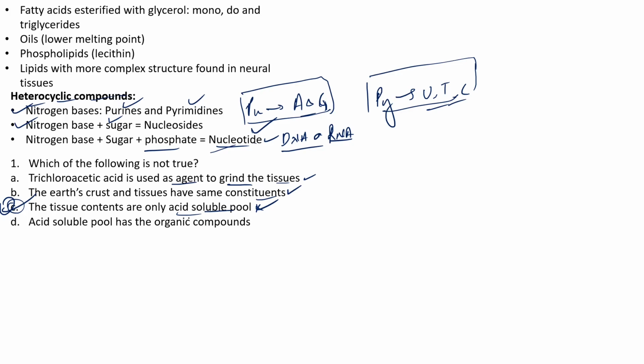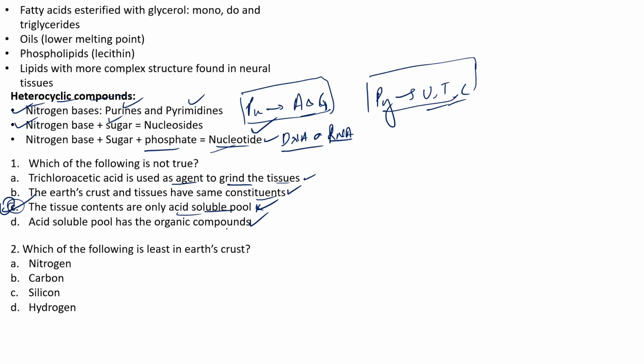You don't find only the acid soluble pool. The last statement is obviously true: the acid soluble pool has organic compounds. So the not true statement is option C.